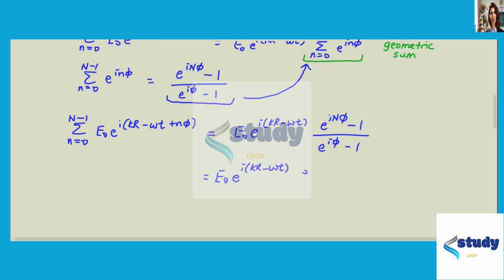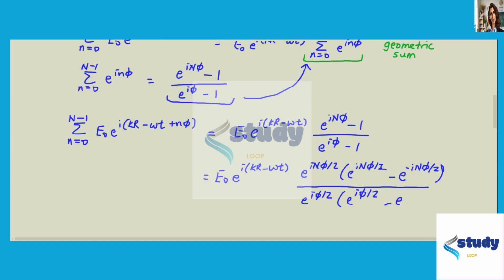In the numerator, we are going to pull out e to the i n phi divided by 2, and then we have e to the i n phi divided by 2 minus e to the minus i n phi divided by 2. And in the denominator, we are going to pull out e to the i phi divided by 2. So we have e to the i phi divided by 2 minus e to the minus i phi over 2.